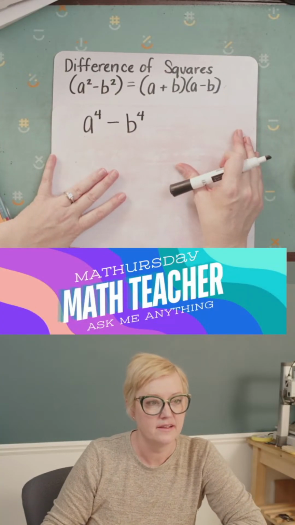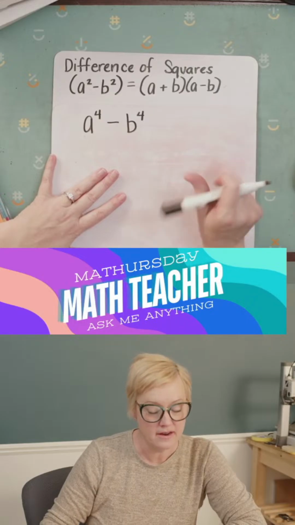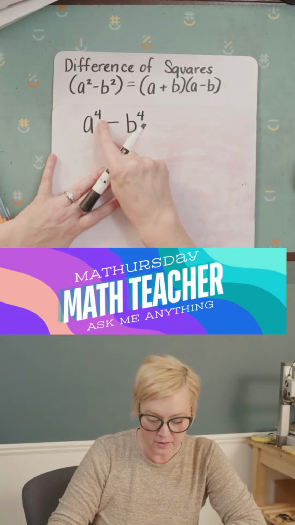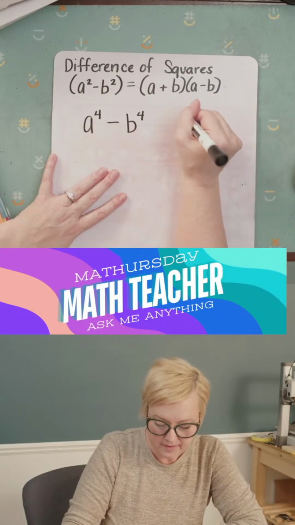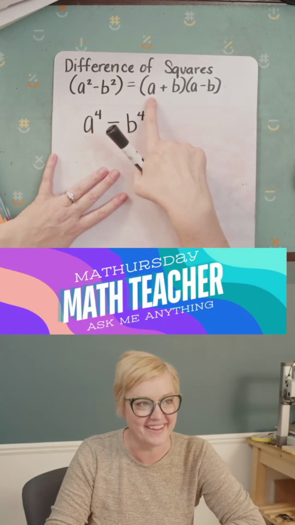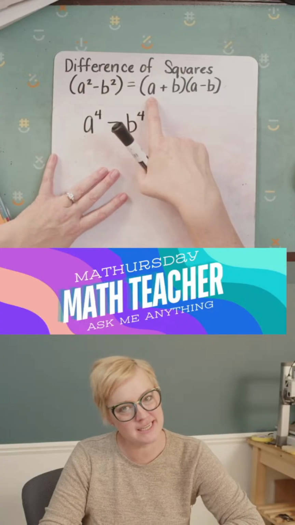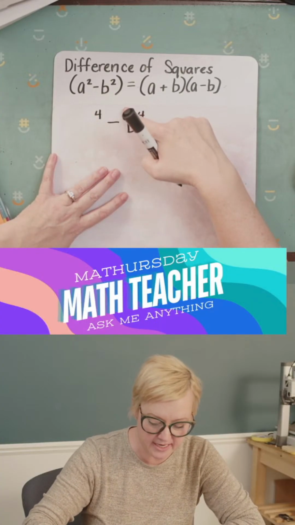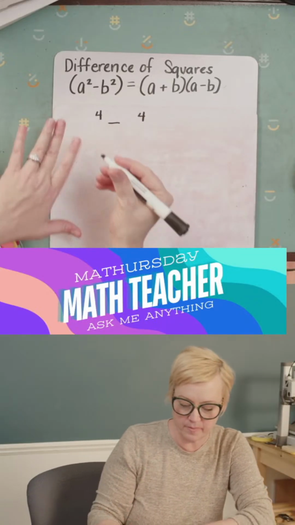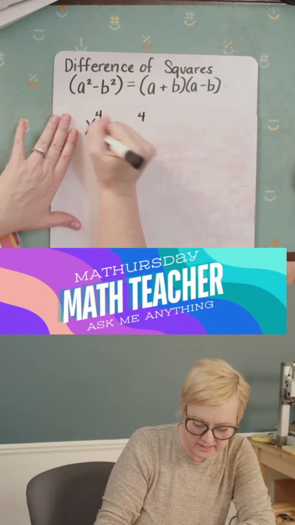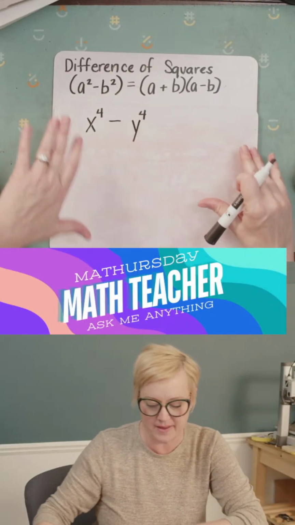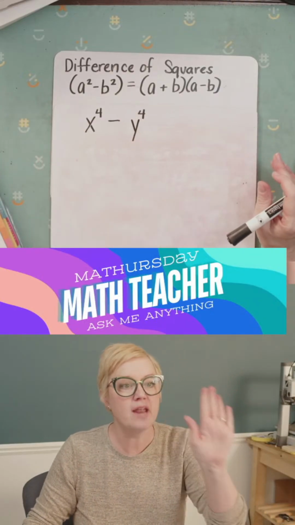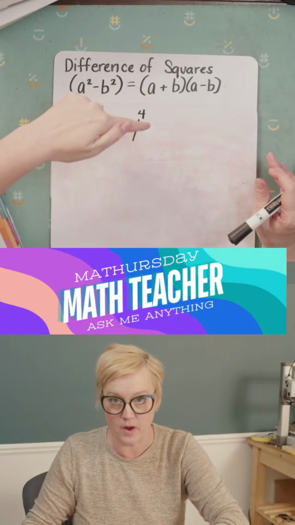Here, A to the 4th is going to be like this A versus this A. So actually, I'm going to change these to X and Y, just so it's a little bit easier to show, but the process is still the same. Okay, so now we've got X to the 4th minus Y to the 4th.